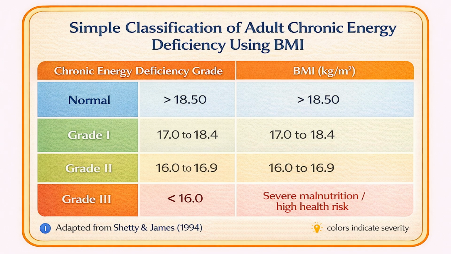But a proposed classification of weight by BMI for adults for Asians has been developed again by WHO, and here you see underweight as less than 18.5 kg per meter square, which is low risk of morbidities, but risk of other clinical problems is increased.